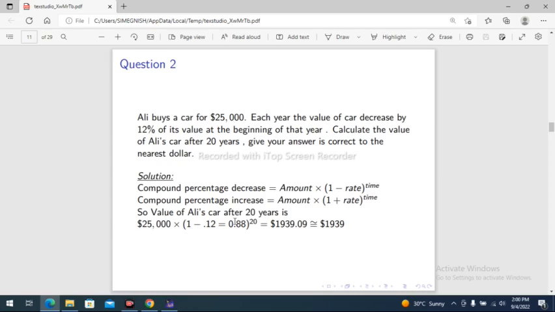Then raised to the power of 20 years, you get 1939.09, but you are asked to write your answer correct to the nearest dollar. Since after the decimal point we have 0, we write $1,939 as the value of Ali's car after 20 years.